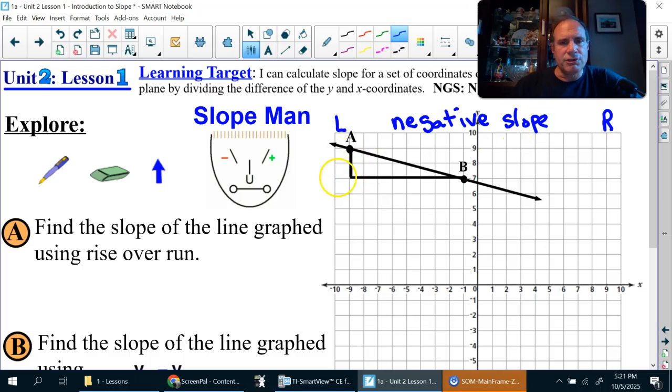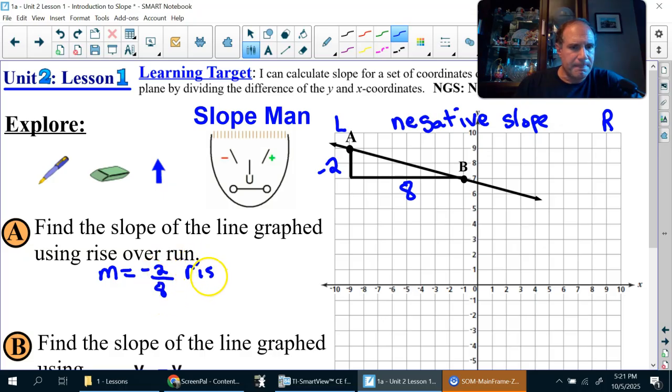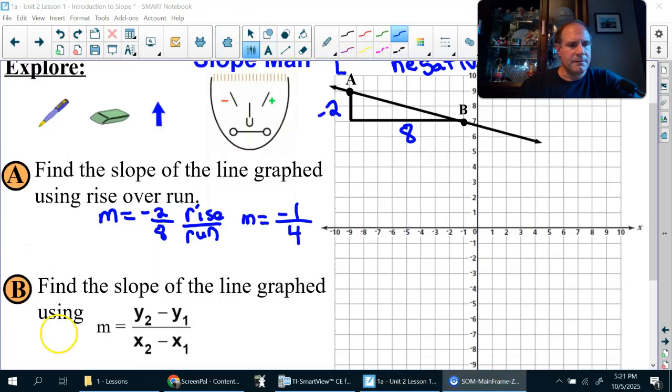Negative slope, so 1, 2, that's -2. 1, 2, 3, 4, 5, 6, 7, 8, +8. That was like the one that we had before. M equals -2 over 8. That is rise over run. And if you reduce it, it should reduce to -1 over 4.